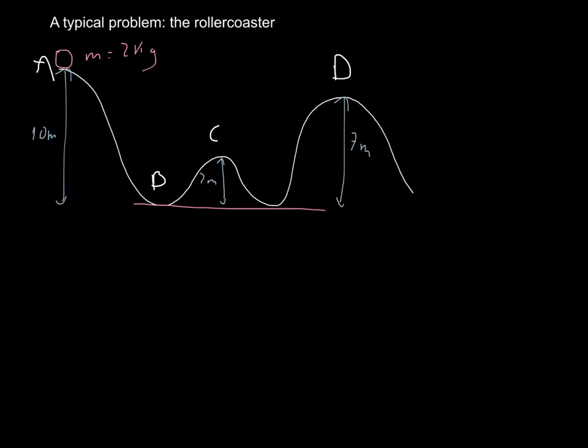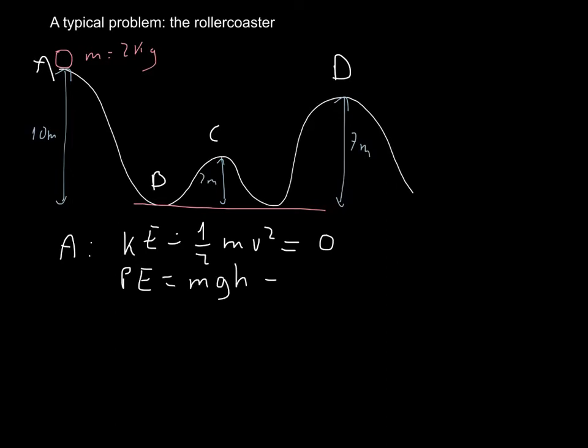Okay, so at point A, how much is the kinetic energy? Well, if this thing is not moving, then 1/2 of mv squared, but v is 0, so 0. How much is the potential energy? Well, the potential energy is mgh. M is 2 kilos, g is always 10, and h in this case is also 10, because this guy is 10 meters up.